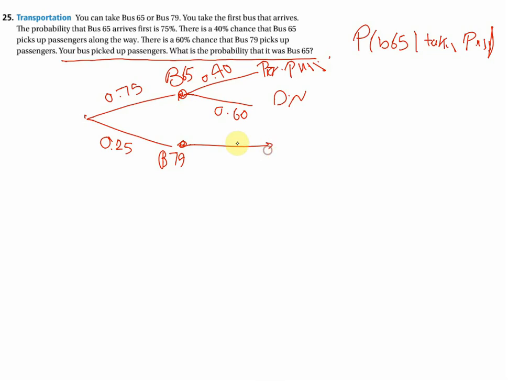So we have here 60%, 0.60, that it will pick up passengers. 100% minus 60% is 0.40, that it doesn't pick up passengers. So, what is the required probability of being on bus 65, given that it takes passengers?